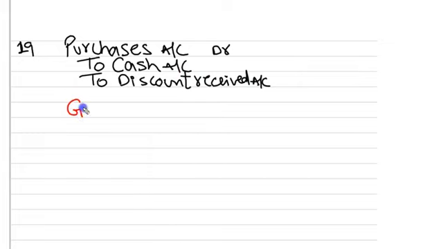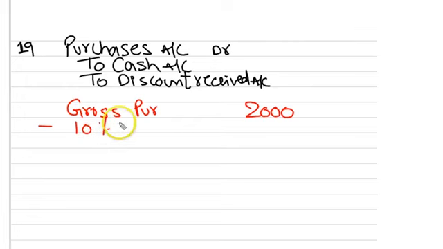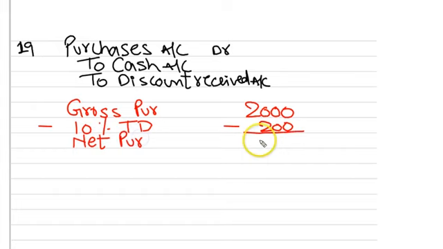So now how do I record this entire transaction? Number one, I will start with gross purchases. Gross is without any deduction, which is 2000. From this I need to deduct trade discount, so minus 10% trade discount, that is TD. 10% of 2000 comes to 200. So my net purchase, the amount that I am actually supposed to pay, is 1800.